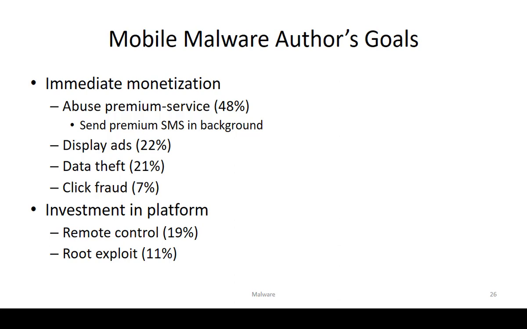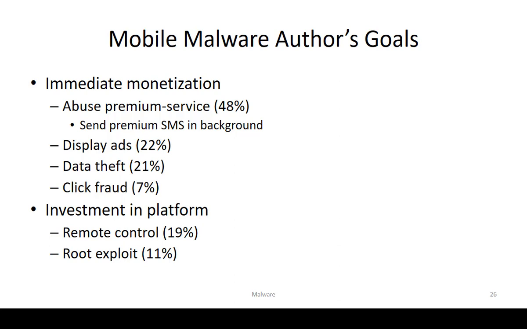So they might abuse some premium service, like sending premium SMS as I mentioned earlier, or display ads, or steal your information, or perform click fraud. Another option they might want is to control your machine remotely, or to have some kind of root exploit.